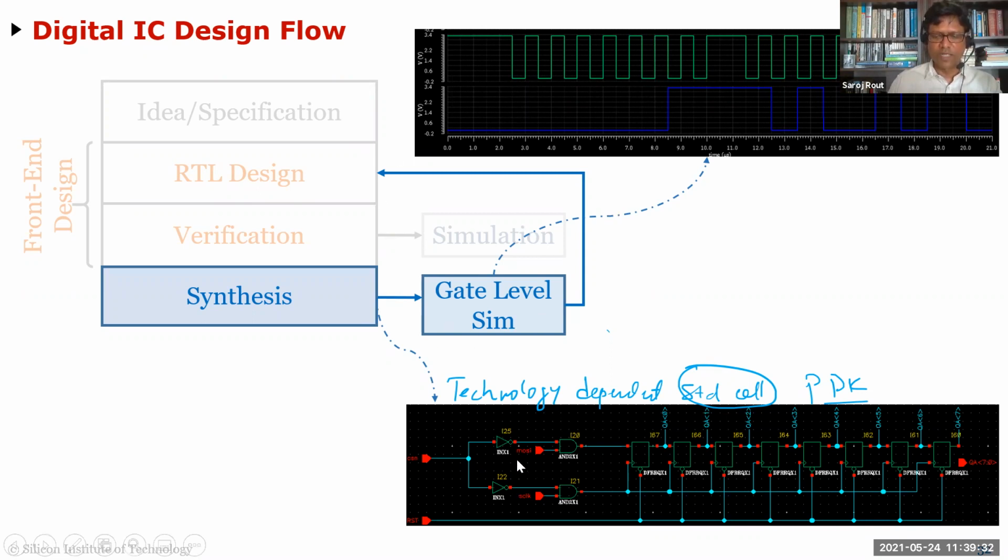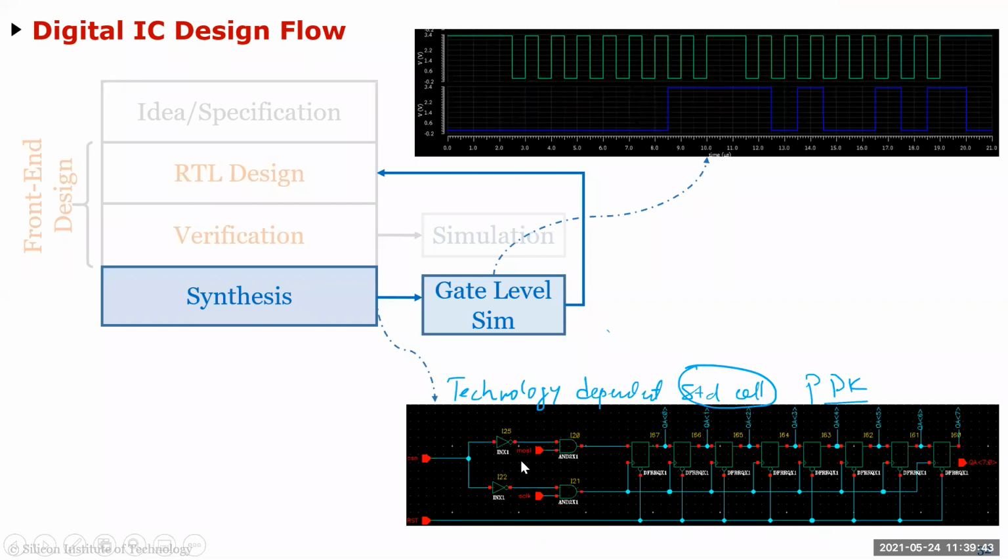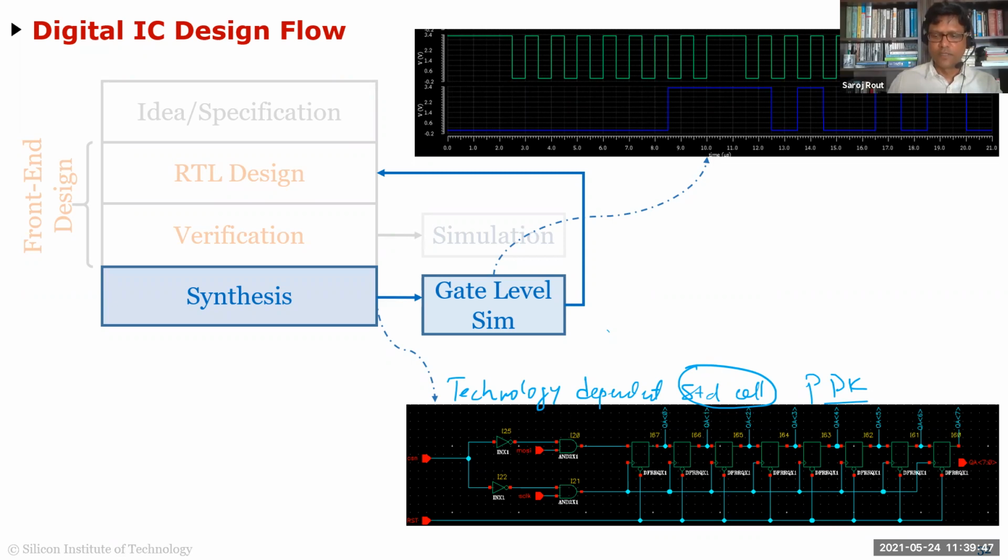So after this is simulated, whatever verification you did at the RTL level, they'll take the same test benches and run those simulations for this gate level, because they want to make sure that whatever RTL code you wrote, the generated netlist is actually that same design. It's not something else.